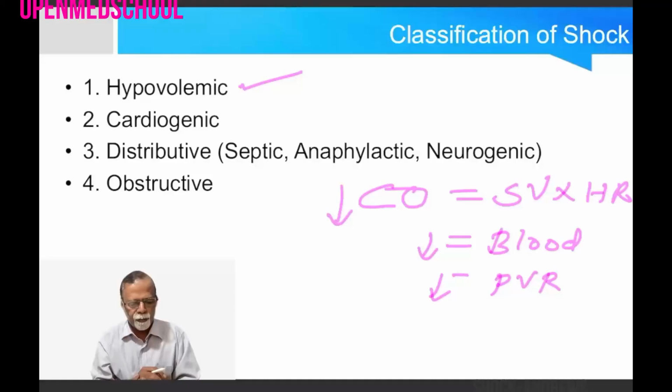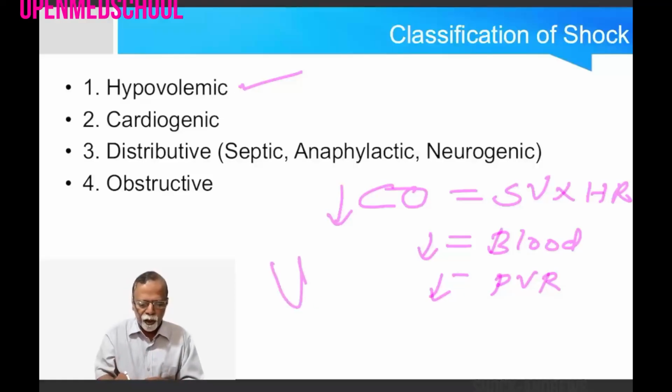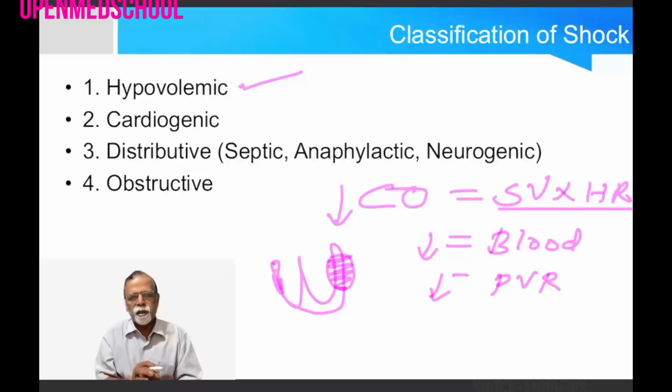The second important thing is when the heart is not contracting properly, as we said, stroke volume into heart rate. For example, there is a heart attack, myocardial infarction, or the heart is damaged. This leads on to what is called cardiogenic shock.